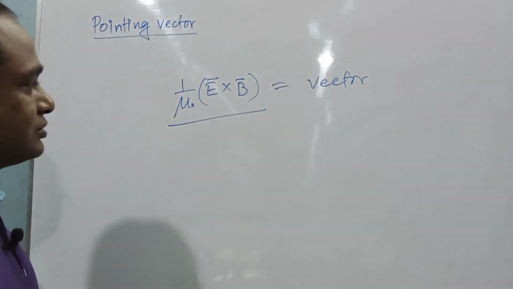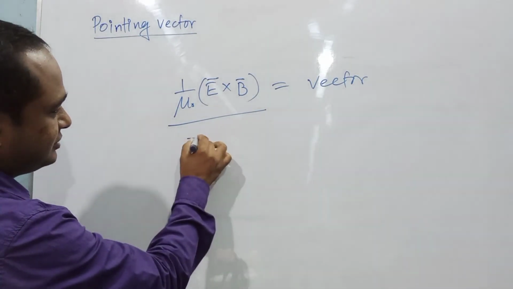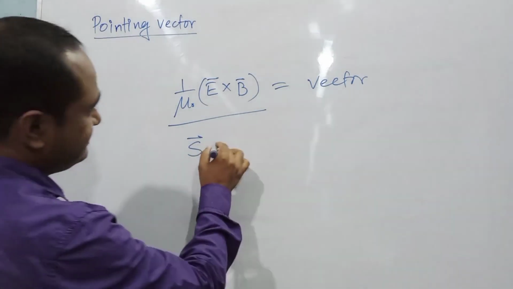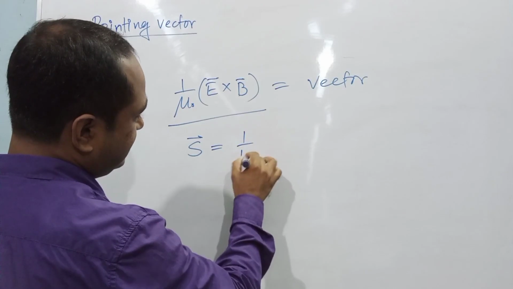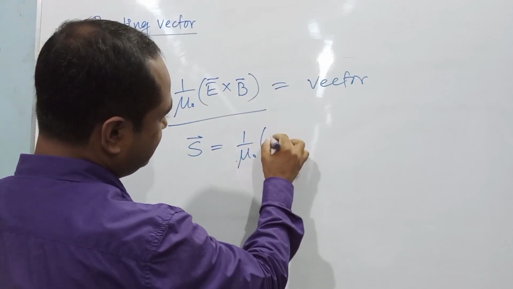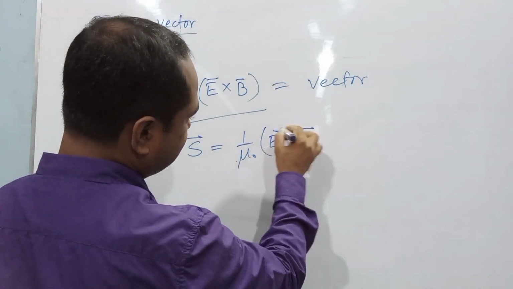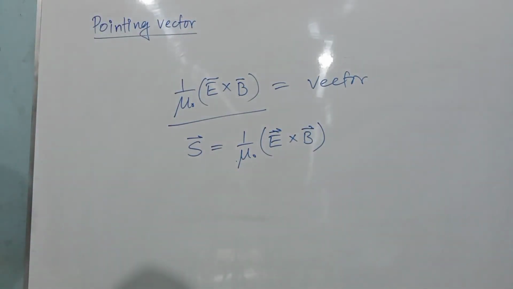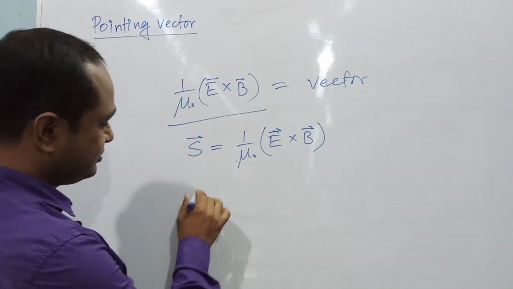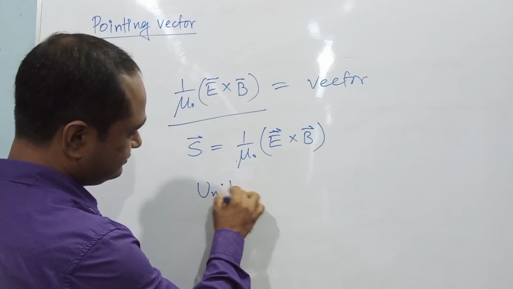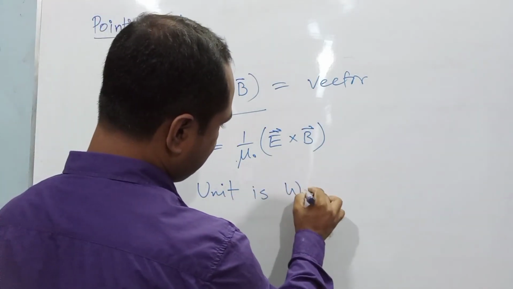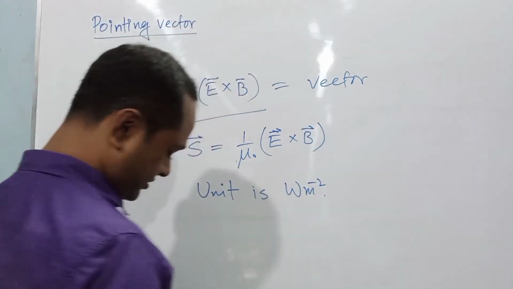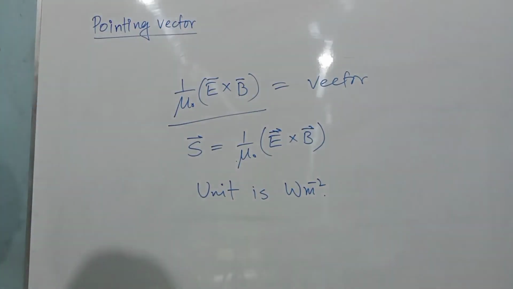Poynting vector is denoted by S. So S is equal to 1 by mu naught into E cross B. This is the Poynting vector, right? It's a simple concept, and the unit of Poynting vector is watt per meter square, right, dear student?